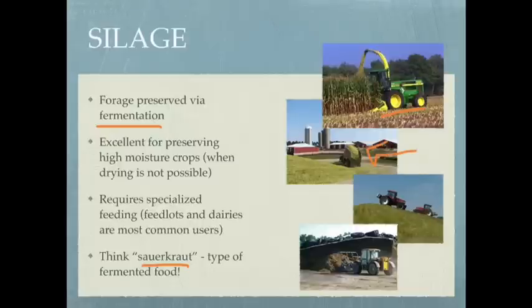Then there are tractors whose job is to stack it and pack it. That's all they do. Their whole job is to remove as much oxygen as possible out of that stack of chopped corn plant. That allows the proper bacteria to grow and work through the fermentation process, ultimately creating a stable product.